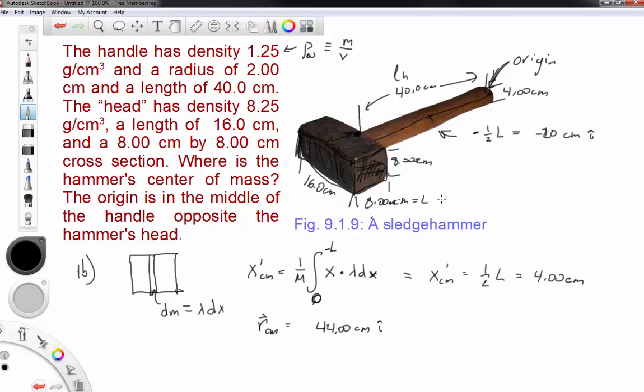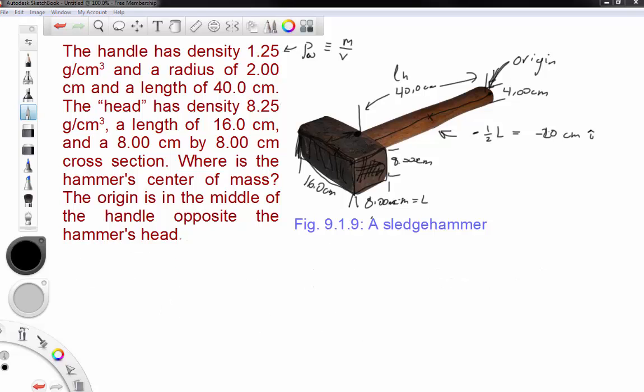All right, so now our trick is that we've got to find where the center of mass of the entire system is. So step number 2, center of mass for the system. So our center of mass is basically going to be the sum of the individual masses times the positions of those individual masses divided by the total mass.